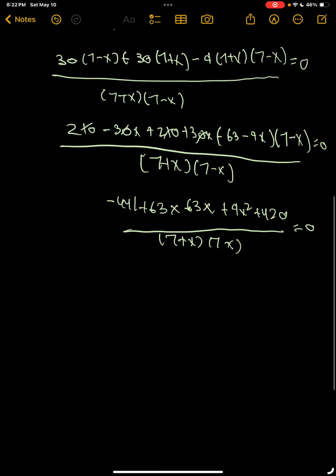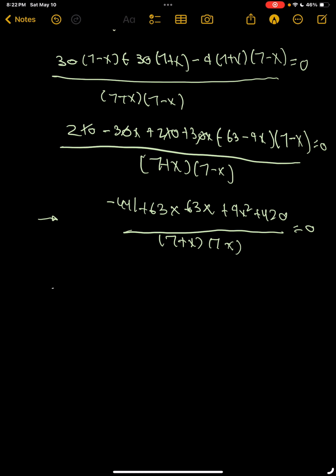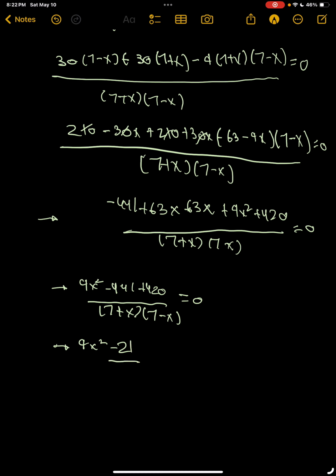We will get the final thing, which is 9x squared minus 441 plus 420, which gives 9x squared minus 21, over 7 plus x, 7 minus x, which is equal to 0.